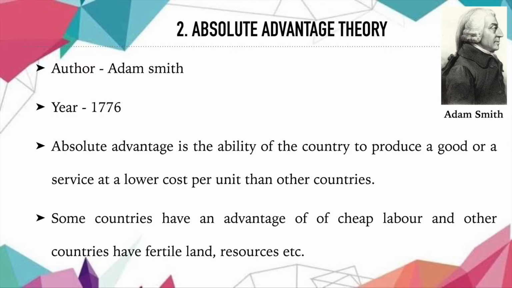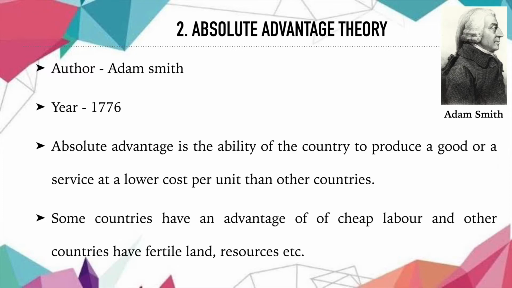Certain countries are strong in some resources and certain countries are not. So Adam Smith states that if one particular country has absolute advantage, that means it has a good ability in producing a good or a service at a very, very low cost of production, then that country must produce that particular good on a larger scale.